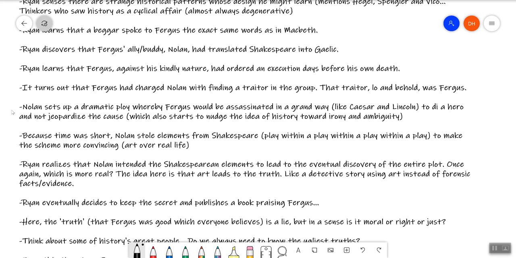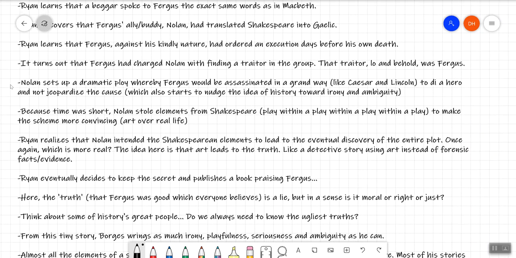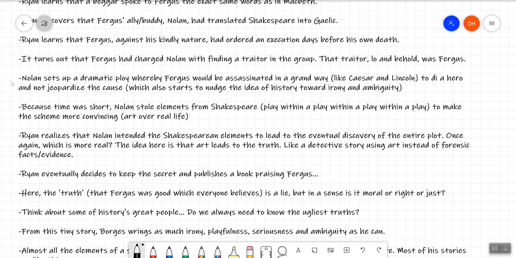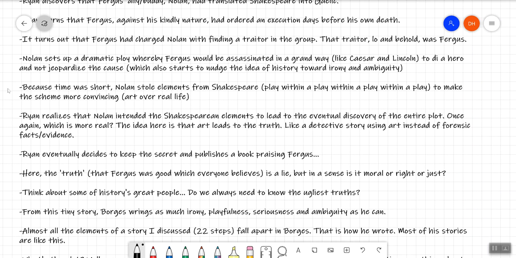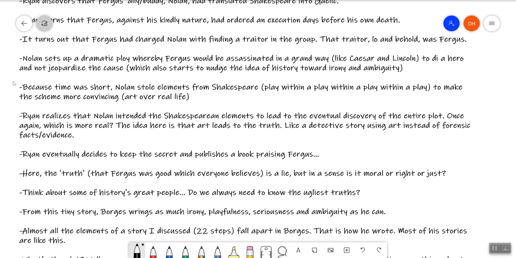Aha! It turns out that Fergus, the grandfather, had charged Nolan, his friend, with finding a traitor in the group. Nolan investigates, and that traitor, lo and behold, was Fergus himself. Dum dum dum. Nolan then sets up a dramatic ploy whereby Fergus would be assassinated in a grand way, like Caesar and Lincoln, to die a hero and not jeopardize the cause.